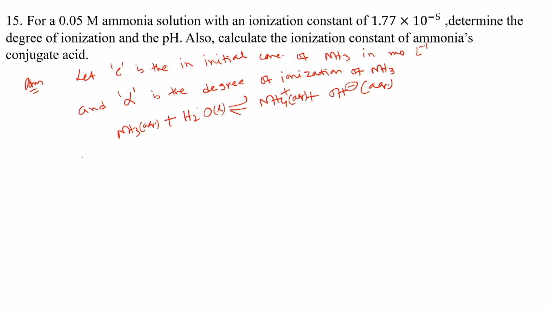Initially we have C moles of NH3, and NH4 plus is 0, OH minus is 0. At equilibrium, very similar treatment we are doing here, C times 1 minus alpha, where alpha is the degree of ionization we already considered, gives C alpha and C alpha.